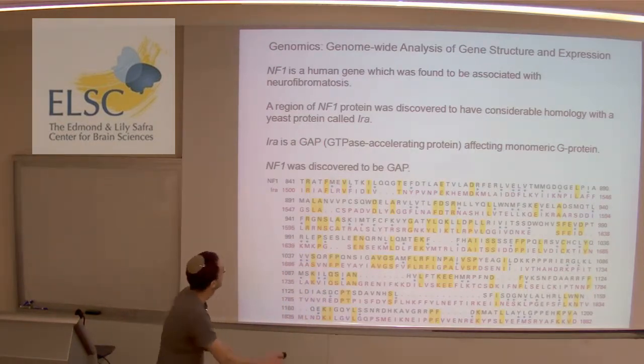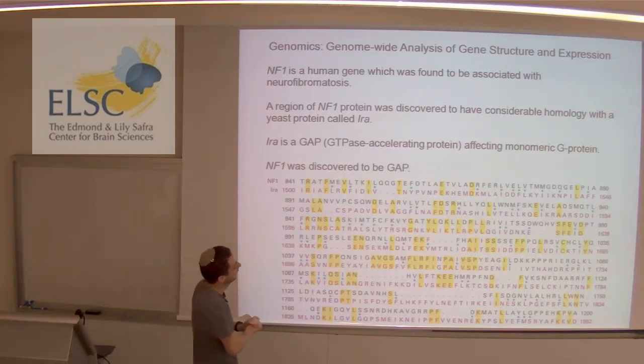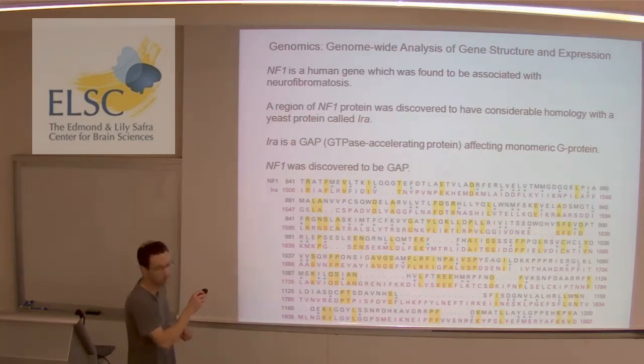Using this kind of information, people have discovered that a region in the NF1 protein has a high degree of homology, is very similar, to a yeast protein called IRA. And from the yeast field, we know that IRA is a GAP.